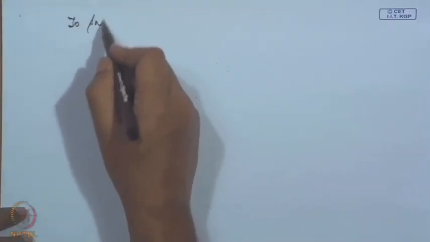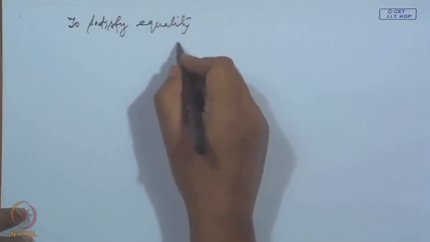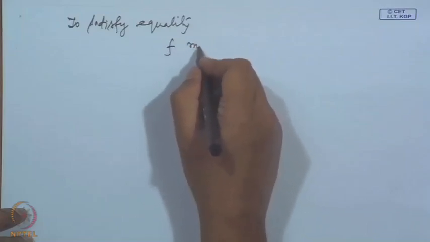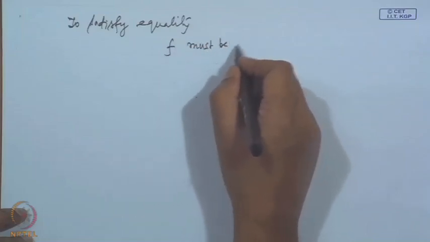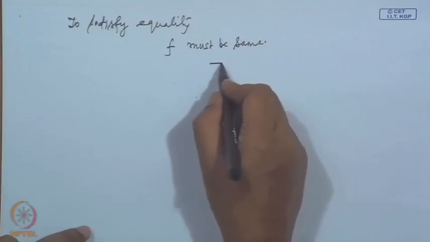Now, this equality will hold if first of all f is same. So, to satisfy the equality, f must be same, which actually implies that the profile shape must be same.